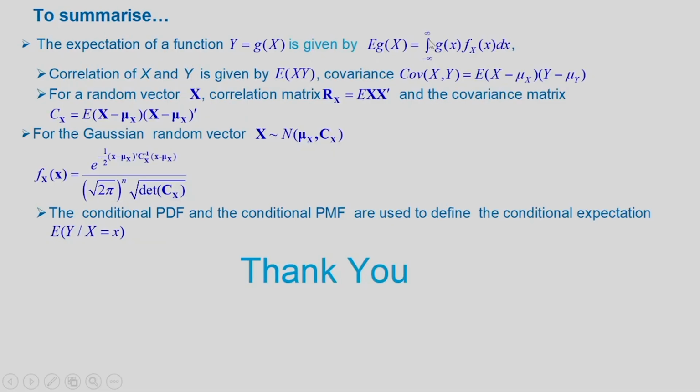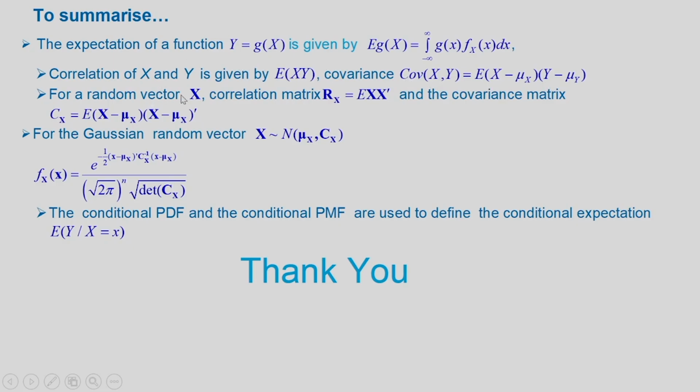We define the expectation of the function by this relationship. E of g(X) is integration from minus infinity to infinity of g(x) f_X(x) dx. Then correlation of x y is given by E of xy, covariance of x y is given by E of (x minus mu_x) into (y minus mu_y). We define what is correlation, what is covariance.